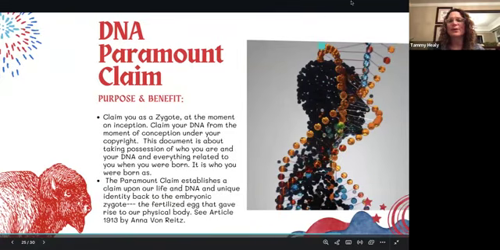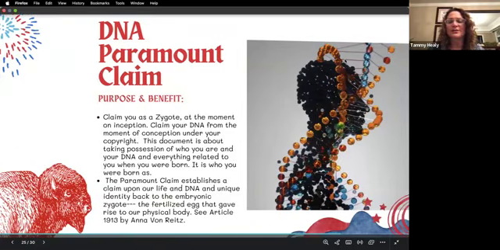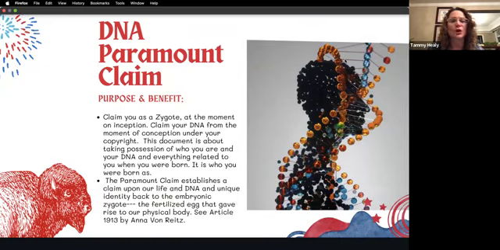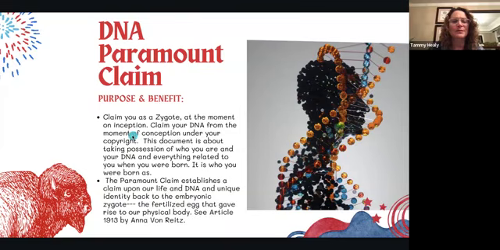All right, this is important too. I love this one, especially because of, you know, the COVID shots and whatnot. This DNA paramount claim, the purpose and benefit is to claim you as a zygote at the moment of inception. Claim your DNA from the moment of conception under your copyright. This document is about taking possession of who you are and your DNA and everything related to you when you were born.